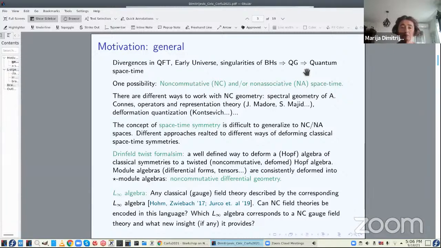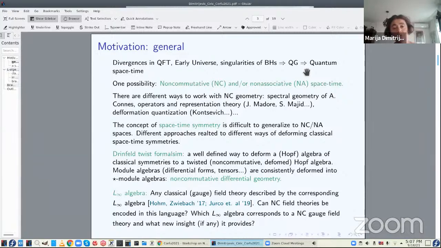And we have been using it in the last 10 to 15 years to consistently define symmetry algebras like space-time symmetry, for example, the diffeomorphism symmetry of general relativity, and then consistently using, again, this Drinfeld twist to deform the differential geometry, if you want, or module algebras on which this symmetry acts, like differential forms, tensors, and so on. And we somehow define this notion of non-commutative differential geometry.